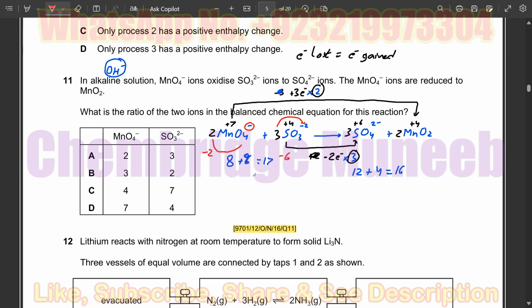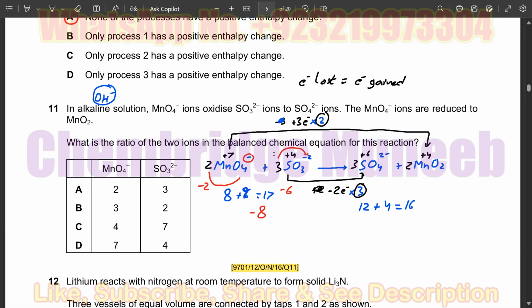So in total it is -8 on the left side. Now we calculate the charge on the right side as well. 3 times -2 will give me -6 over here, and there is no charge on the Mn, so in this case it is 0. So total negative charge on the right side is -6. So -8 on the left and -6 on the right. So we see that the charges are also not balanced.